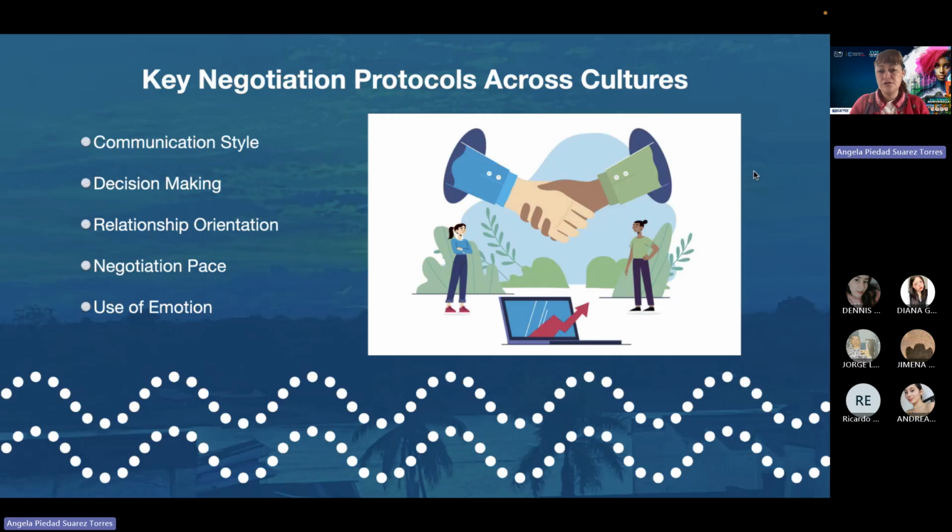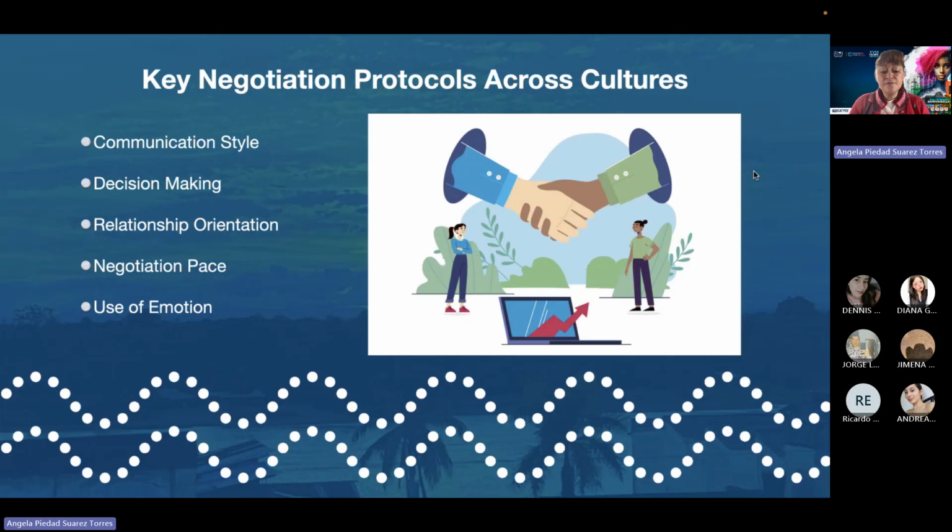It is very important because sometimes our body is saying something different from what we're saying. So we have to be aware of how important that non-speaking language, that silence and the nonverbal communication, is for the counterpart, because that's going to make a difference.